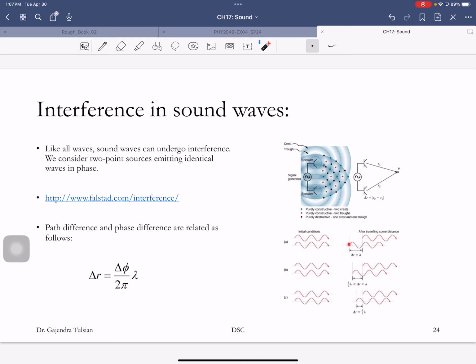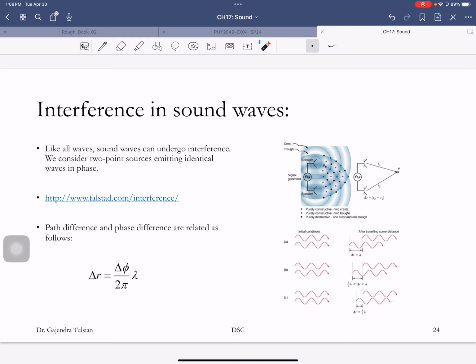One wave started from here, and if you were seated here, this wave traveled that distance. So these are two speakers, and you encounter this in all theaters. You'll have multiple speakers, and let's say this is your seat. This wave will travel that distance, and this wave will travel this distance.